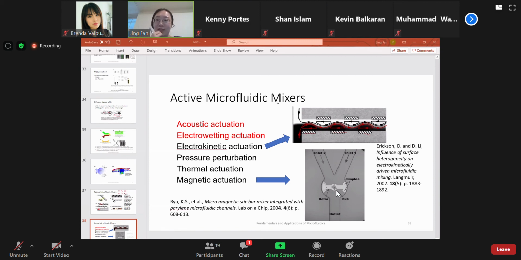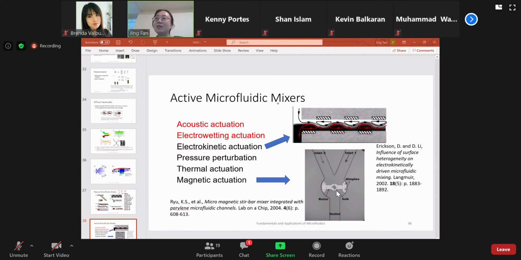That's a good point, actually. If it mixes with a different concentration, it changes the viscosity of the fluid, so wouldn't that play a factor? Yes, this is a very good point.